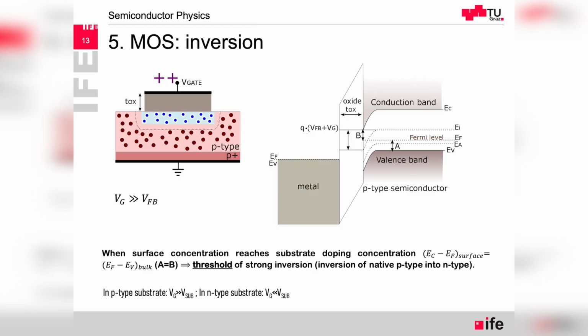So now the inversion is strong enough that we talk about the transistor conducting. Very often in some very elementary discussions on MOS transistors, we say that below the threshold voltage it's not conducting, above it's conducting.